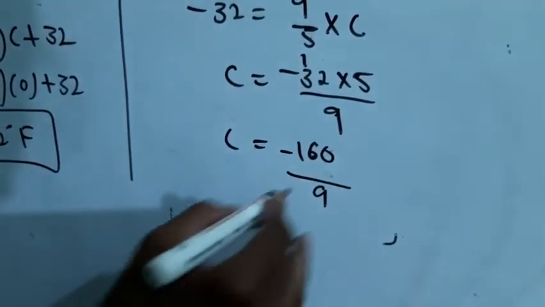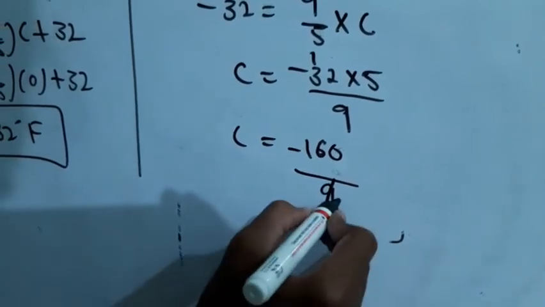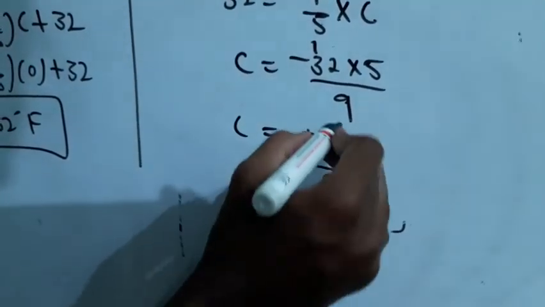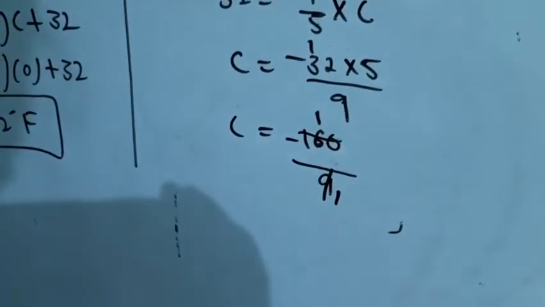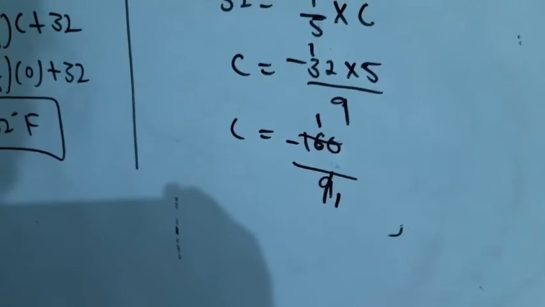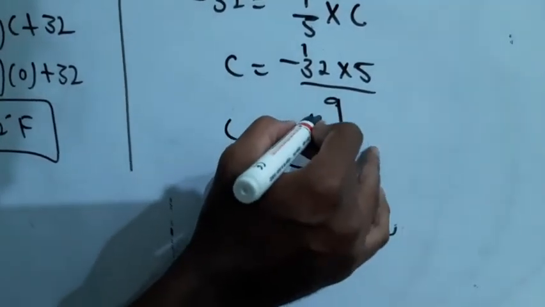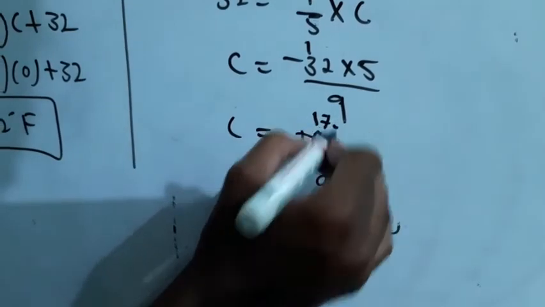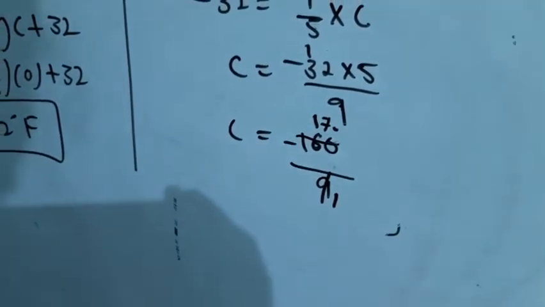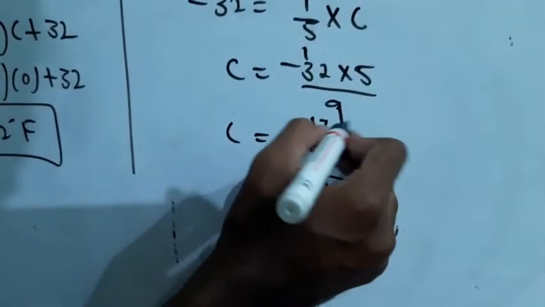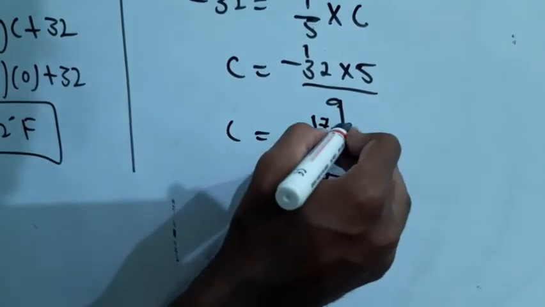Now 9 ones are 9. What is left? 7, so 70. 9 sevens are 63. Again 7 left, 70, 9 sevens are 63.